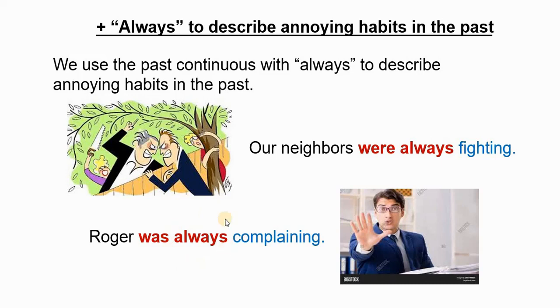Always is always in the middle. Okay? Always is in the middle of the auxiliary verb and the main verb complain, but it's in the past continuous, which is complaining.